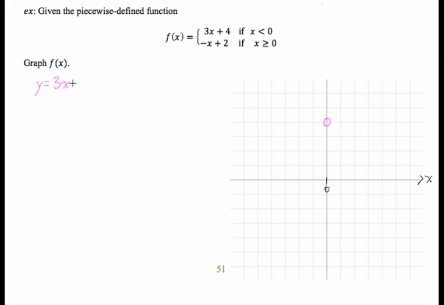The slope, although it is 3, and I would go up 3 over 1, you can also think of this as negative 3 over negative 1, which would be down 3, left 1, which is how I'm going to do it. So from here we'll go down 3, left 1 to get the next point. Down 3, left 1, down 3, left 1. Okay, there's plenty of points there. And then you just sketch in that line.